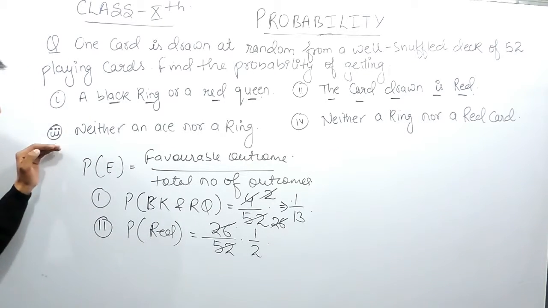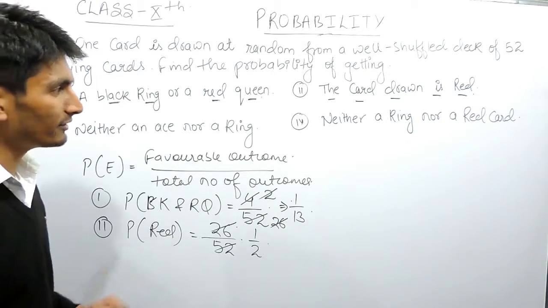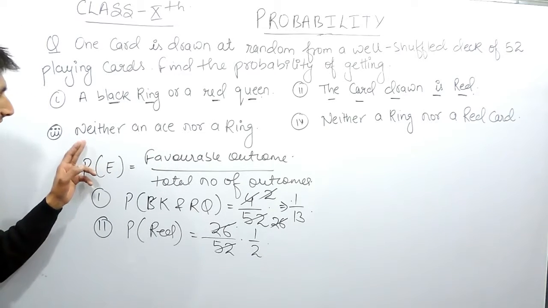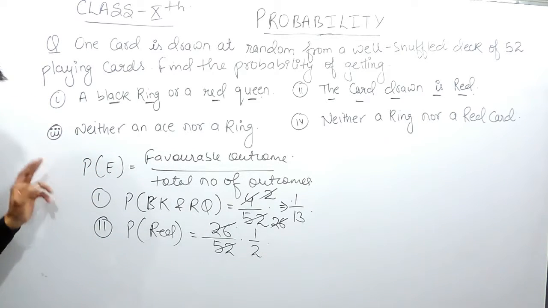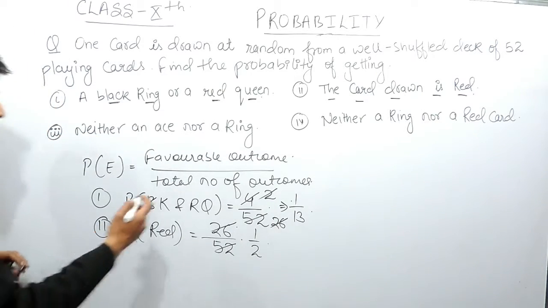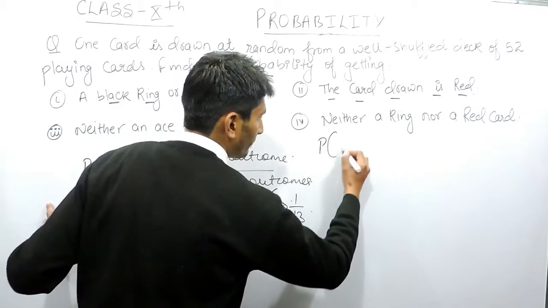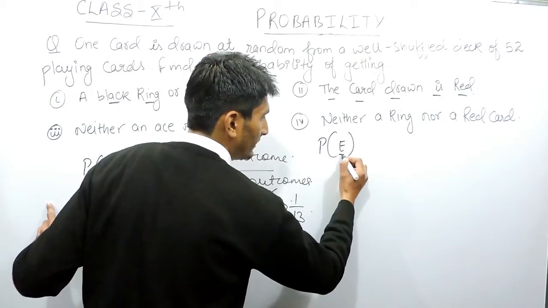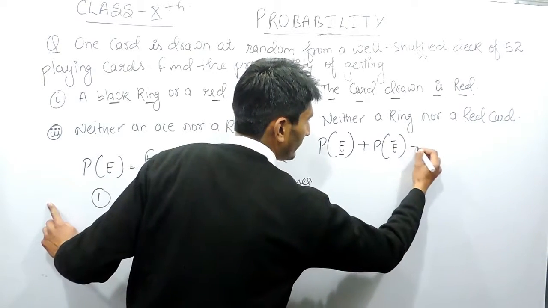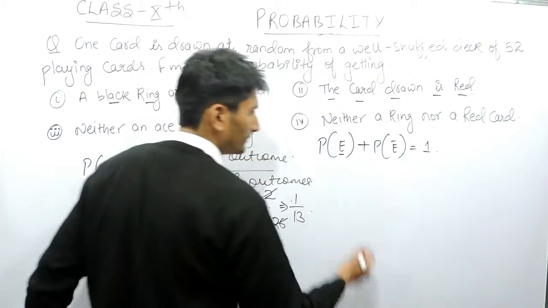Now the 3rd and 4th parts are questions based on the negative. We know that the probability of an event happening and the probability of that event not happening add up to 1.